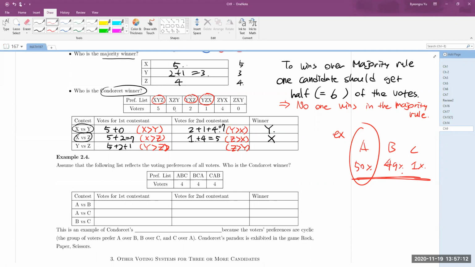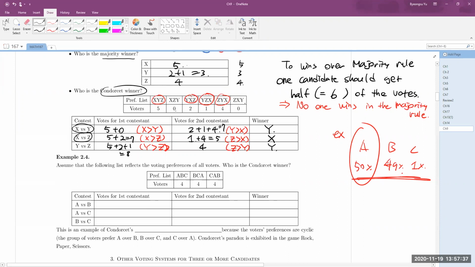And lastly, voters in GYX think that G is better than Y. So you need to count those 4 voters in the second cell. And if you add all the numbers, then the first cell gives you 8, but the second cell is 4. So definitely there are more persons who think that Y is better than G. So the winner is Y, right?